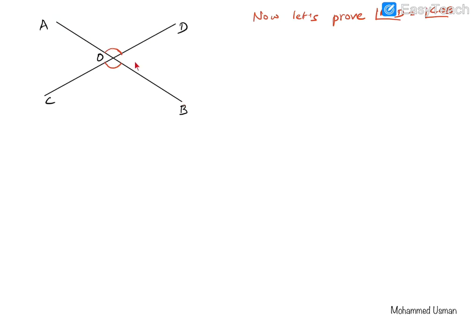These two are adjacent angles which form a linear pair of angles. So considering that OD is a ray standing on the line AB, we can write angle AOD plus angle BOD equals 180 degrees.